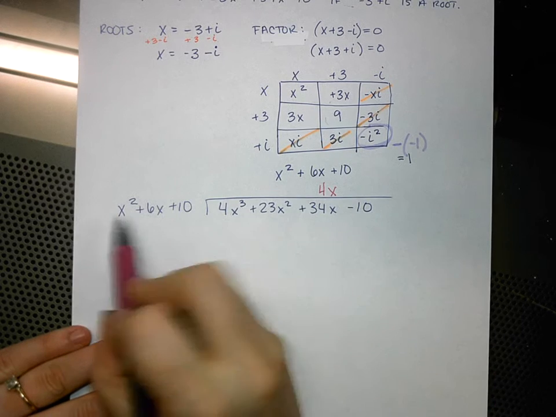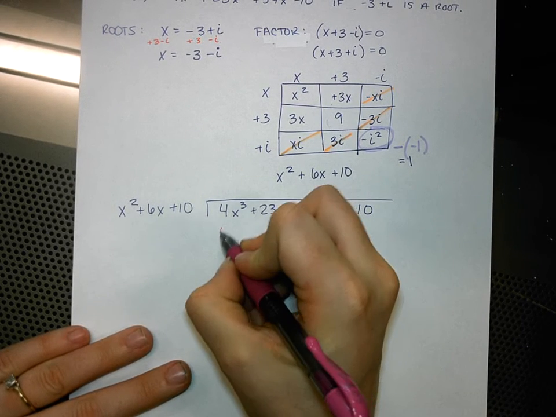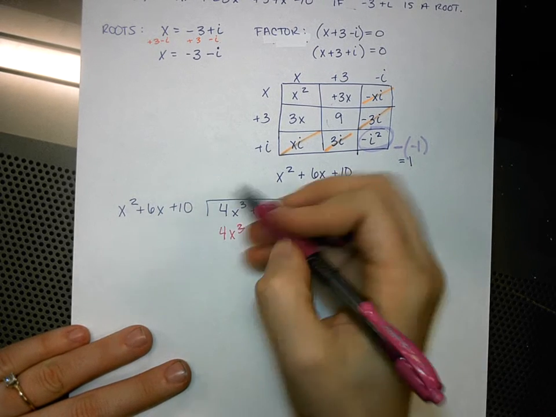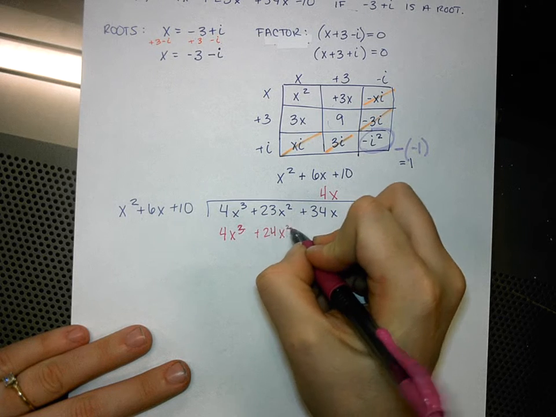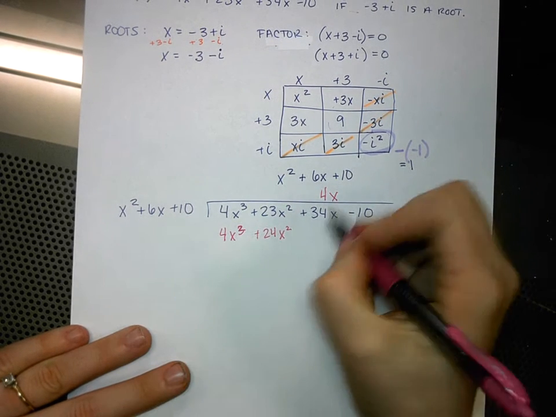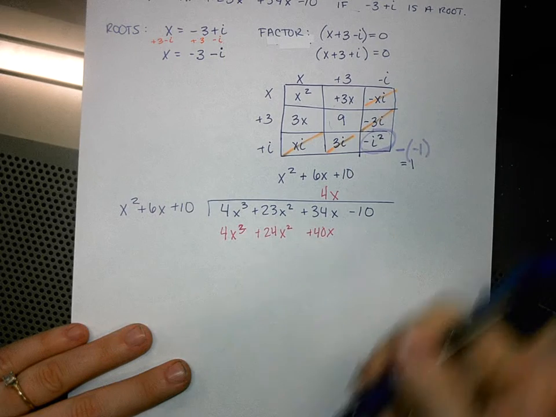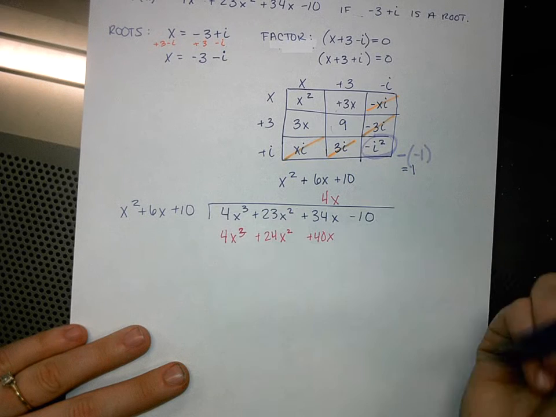So I'm going to do 4x and then multiply it by every single term on the left-hand side. So 4x times x squared is 4x cubed. 4x times 6x is 24x squared. And 4x times 10 is 40x. Those are all positive numbers because I'm multiplying a positive times 3 positives.